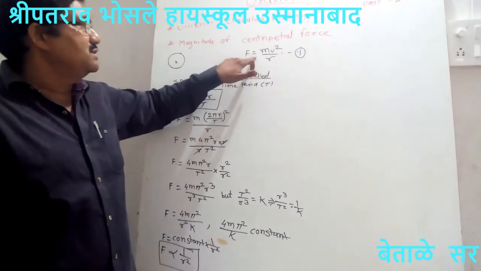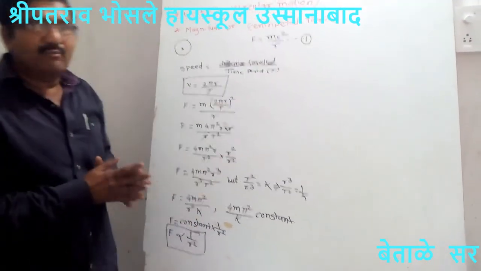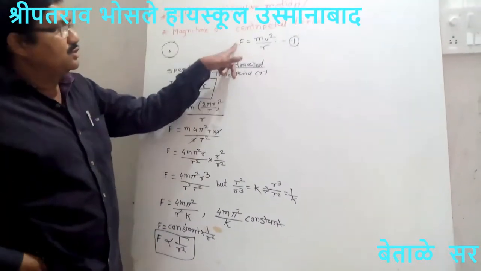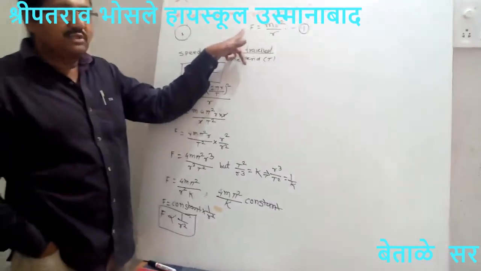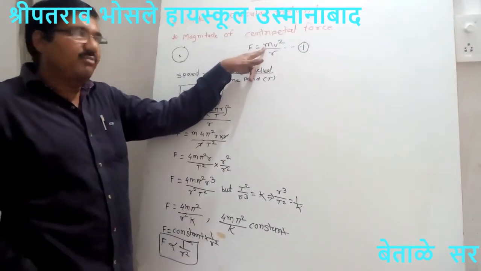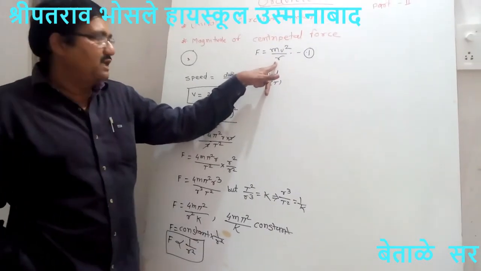force is F is equal to mv² upon r. Similarly, when any planet is revolved around the sun, at that time also the force F is equal to mv² upon r. This m is mass of planet, v is velocity of planet and r is the distance between sun and planet.